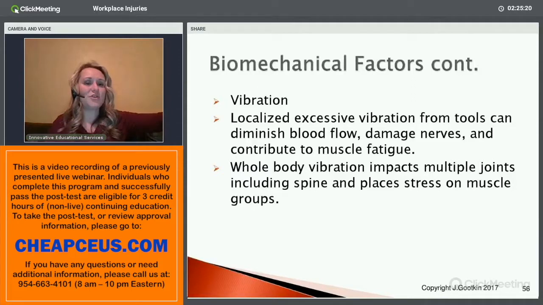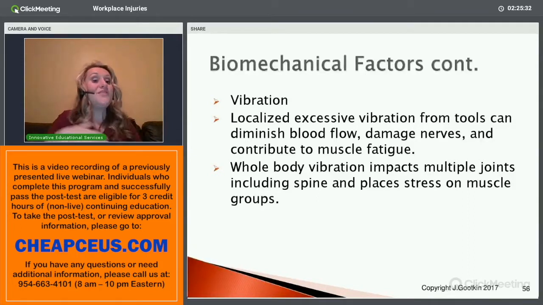And think about that posture you go in. You're abducted, internally rotated. And now you have this vibration force coming in. Every time they hit a pothole, what's happening? Compressive force into the shoulder. That can either disrupt healing or create potential pathology. So consider shoulder position with it.